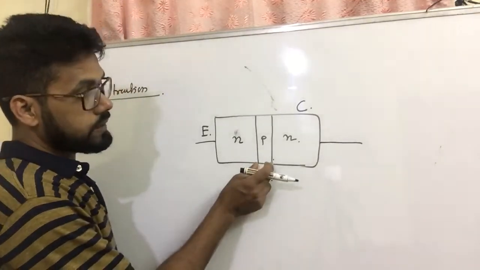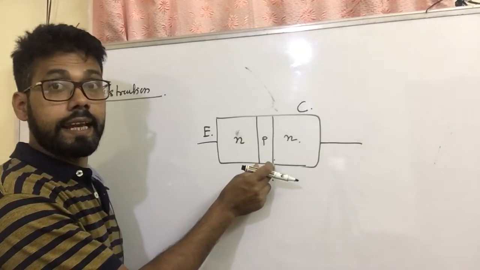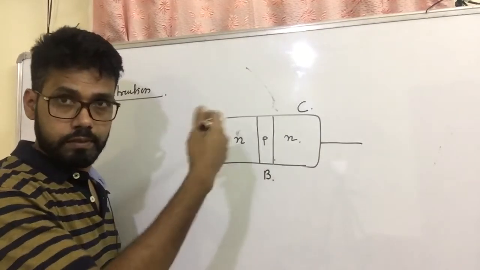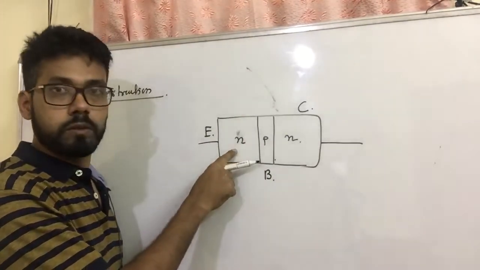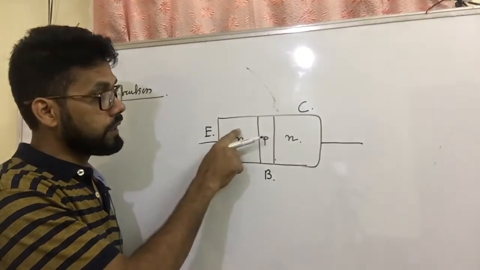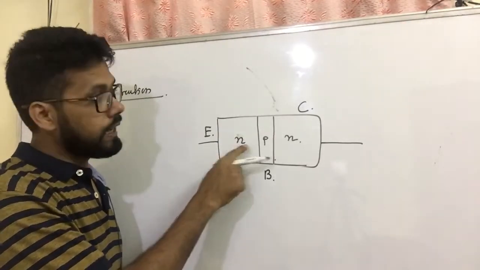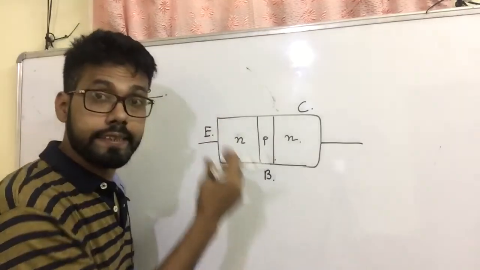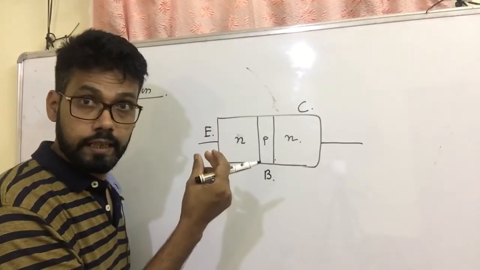Now this base region is lightly doped. Okay. And the emitter region, in the construction and physical dimension of the semiconductor transistor, is heavily doped. And this base region is the lightest doped and the smallest as per dimension.